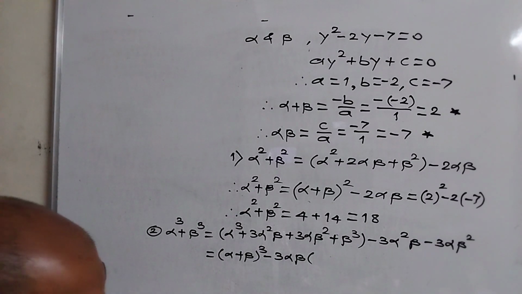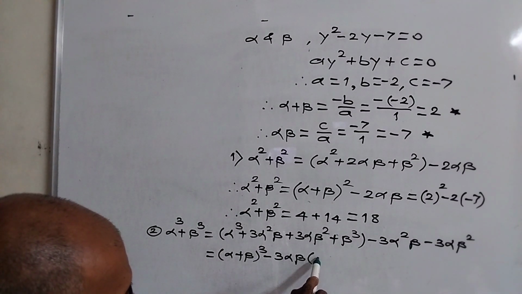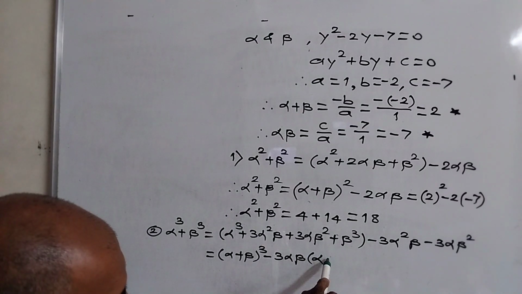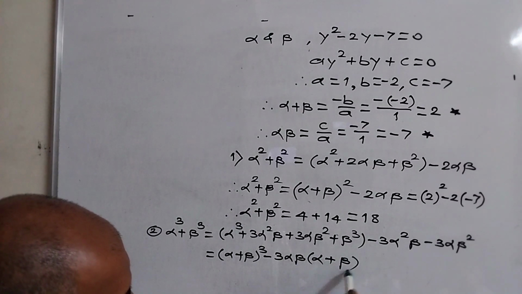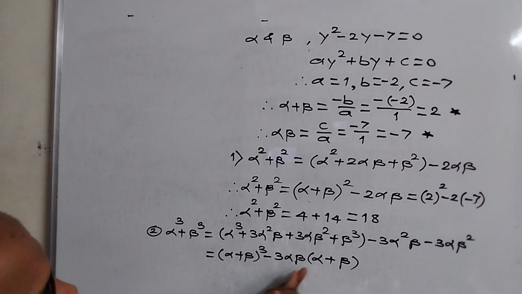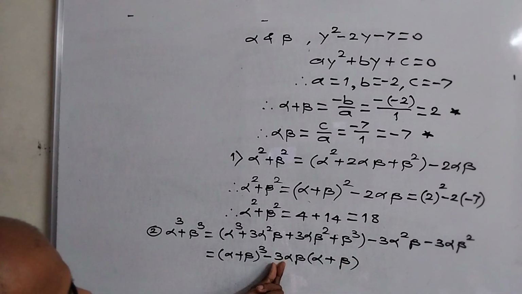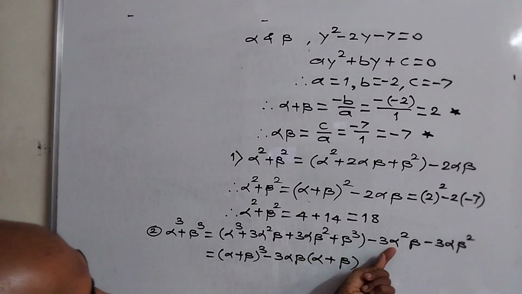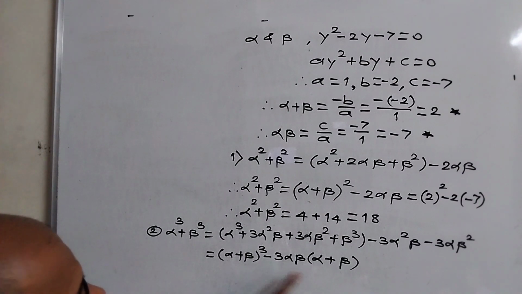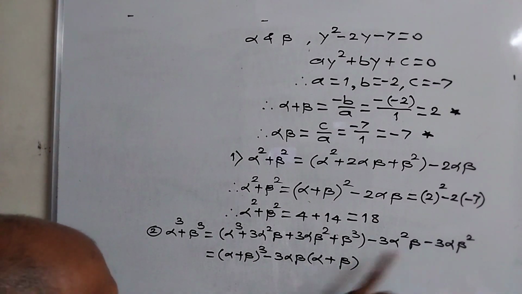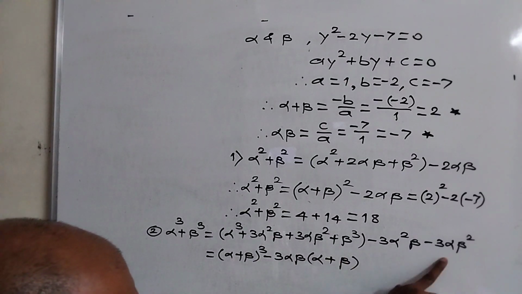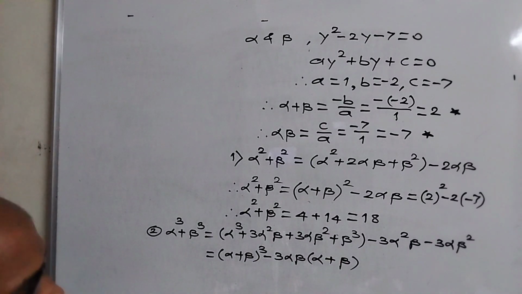Then what is left here? Alpha plus beta. See here, minus into plus minus 3 alpha into alpha, alpha square. And this beta, minus into plus minus 3 alpha beta into beta, beta square.